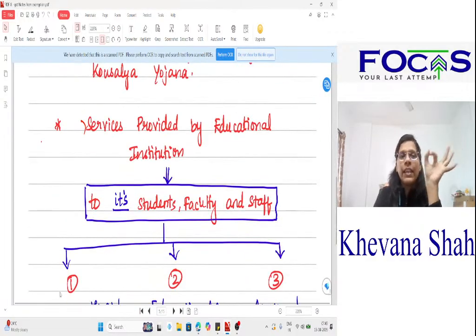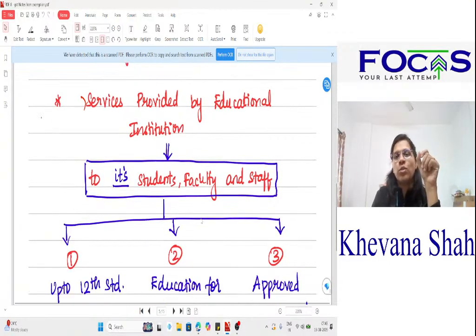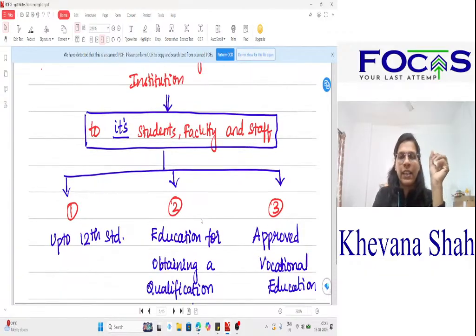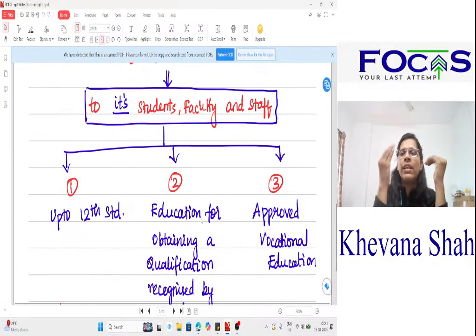Then, any services provided by an educational institution to its students, faculty and staff. So, if you are an educational institution and you are providing education or any other services to students, faculty and staff, then we can further divide it into three parts. The first part is up to standard 12. There are certain services which I shall tell you that are applicable to them.